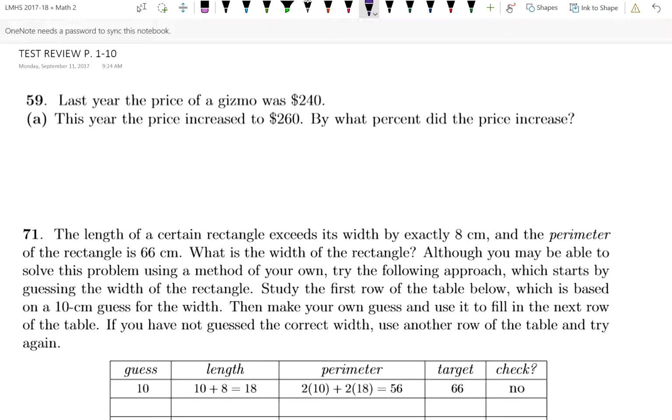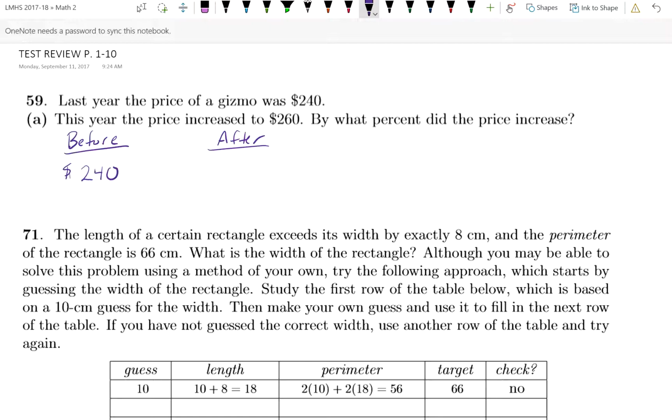So let me show you what I do mentally. You can write this down if you want to in your notes. I look at a before and an after, whether it be a price or an amount of some sort. So what's the before price? $240. And what's the after price? $260.